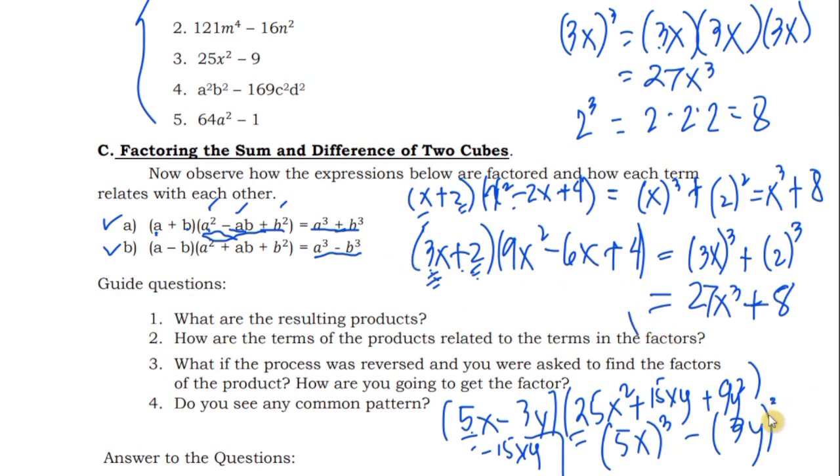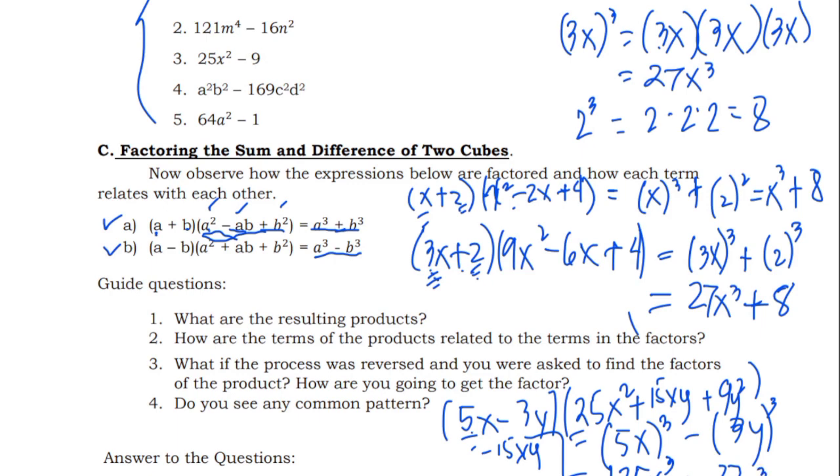So we have now 5x times 5x times 5x. 5x times 5x is 25x squared, times 5x, and that is 125x cubed. Then 3y times 3y times 3y is 27y cubed.